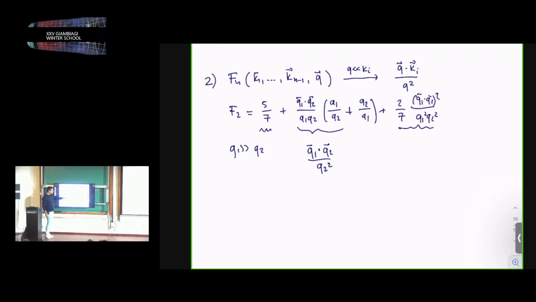Now, you see when q2 goes to 0 compared to q1, this looks to be divergent. Okay? And that is a very peculiar feature of the perturbation theory kernel. They seem to have what we would call an infrared divergence, because it has to do with the very small wave numbers or very large wavelengths.